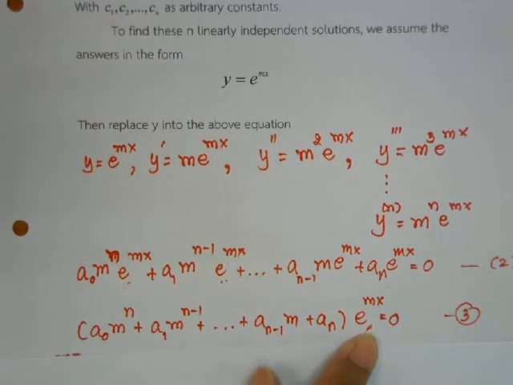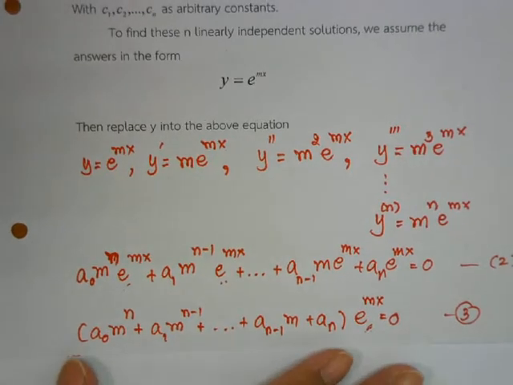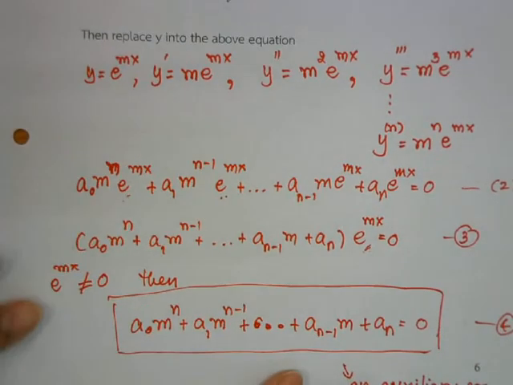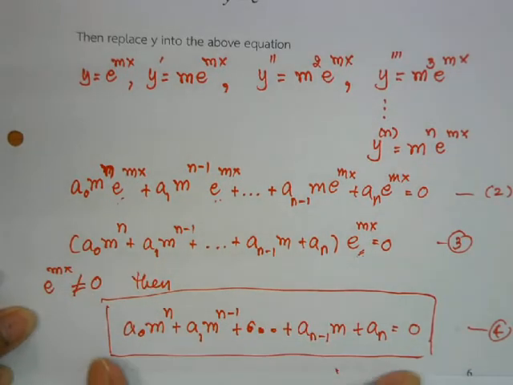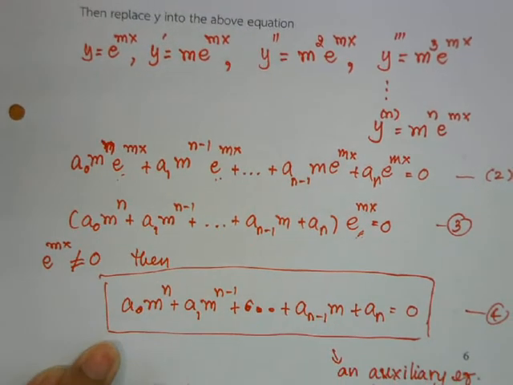So the only way out is that the term in the parentheses equals 0, and we call it the auxiliary equation or characteristic equation.